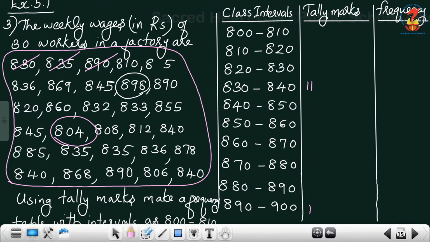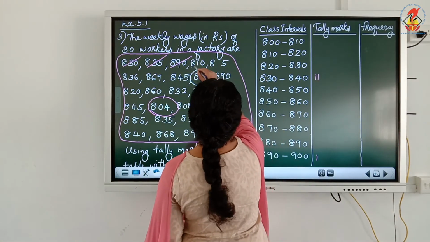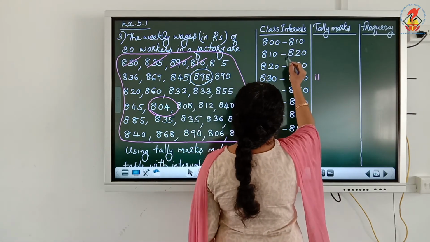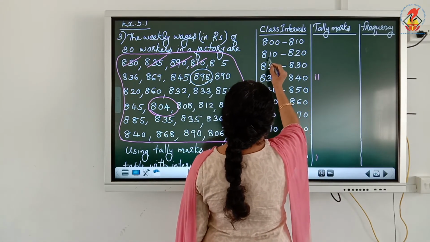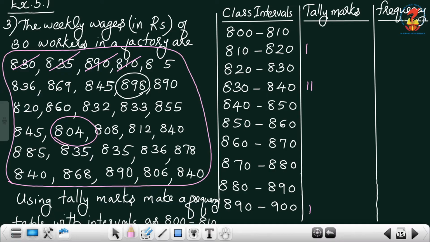And the meaning of the class interval is all the observations from 890 onwards and below 900. So, 890 is included in this class interval. Then 810. Out of these two class intervals, the higher class interval is 810 to 820. So, there we can include it.